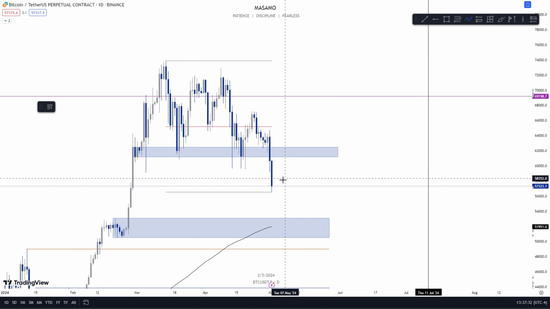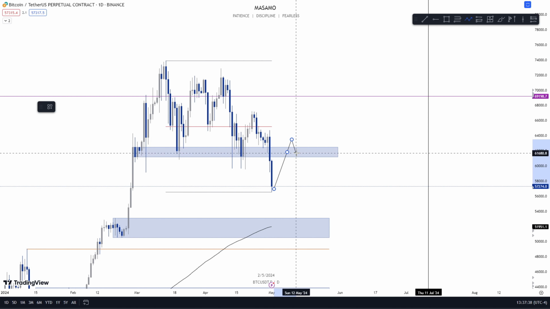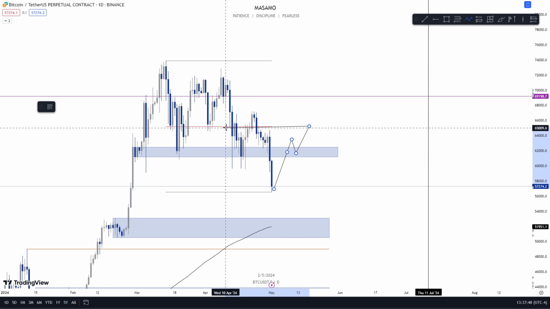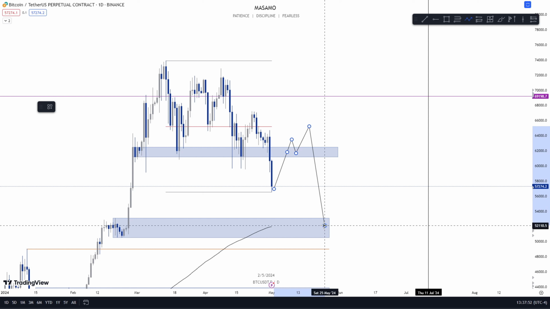If price goes up from here, and instead of rejecting from here, price goes up, we test this area as a support, and in here many people, maybe including me, will be bullish, go for another leg up, touch this equilibrium, and then come down for that 5th wave to the downside. This is also a possible scenario.